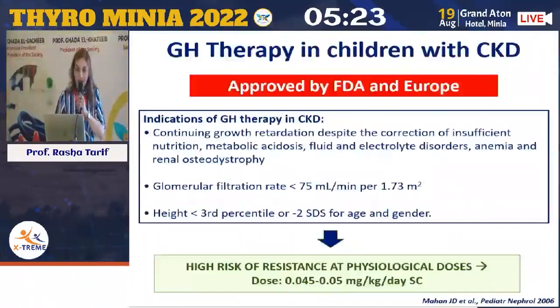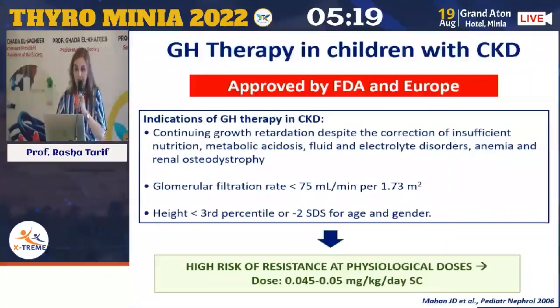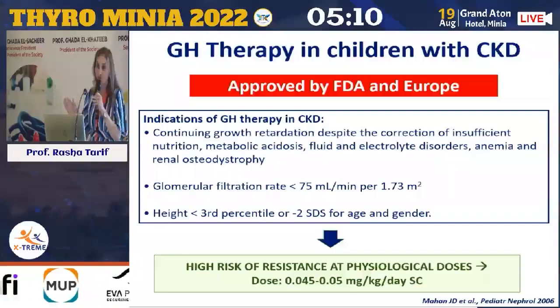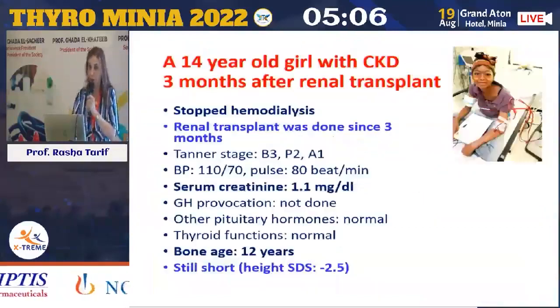So again, growth hormone therapy in chronic kidney disease is approved by FDA and Europe if there is deceleration in the height. And of course, it's very important to improve the general condition, the kidney function, and electrolytes before going for growth hormone.